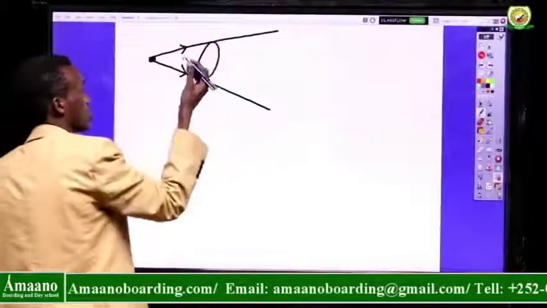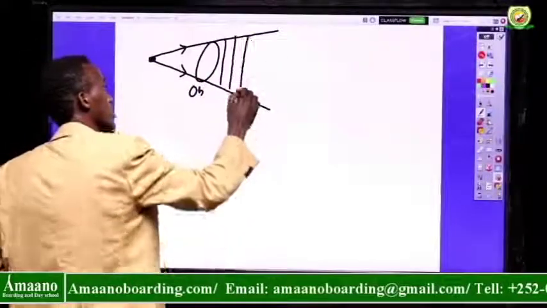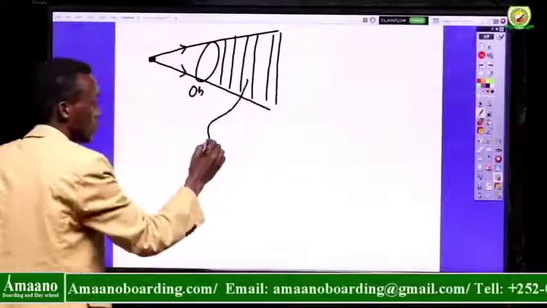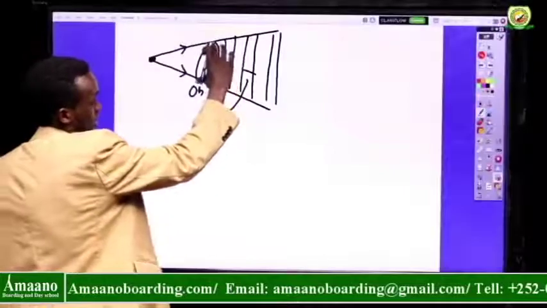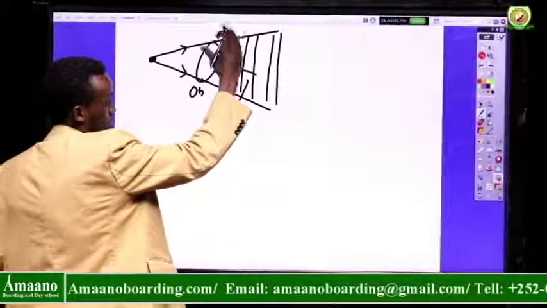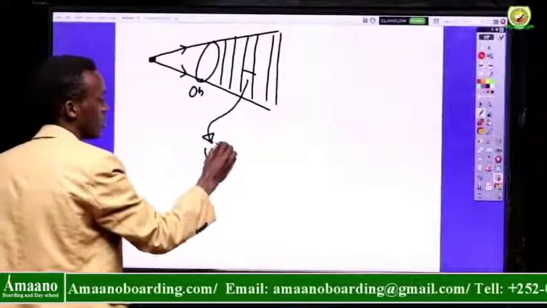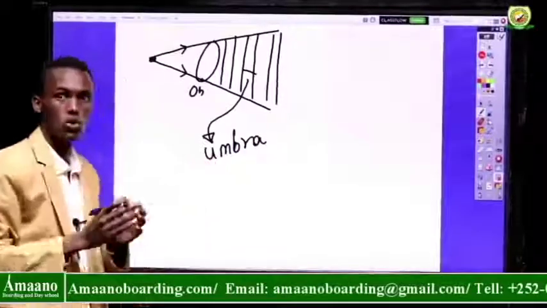The shadow forms beyond this body. Here it becomes completely dark. So the shadow of this object forms behind it. It is completely dark and is called the umbra. Umbra means completely dark.